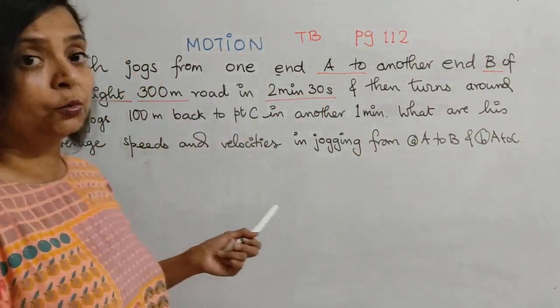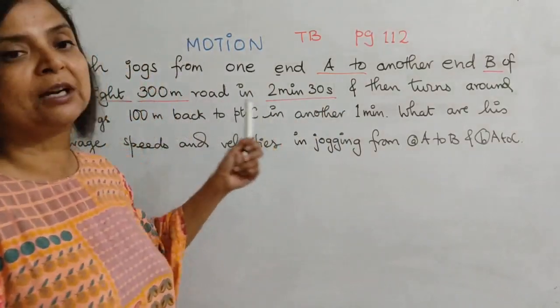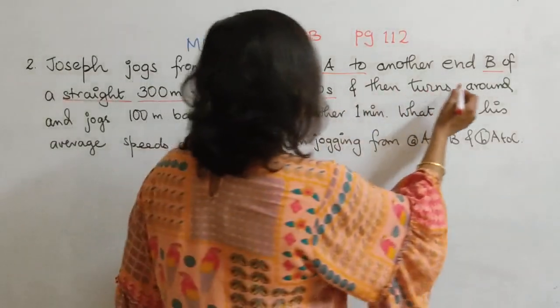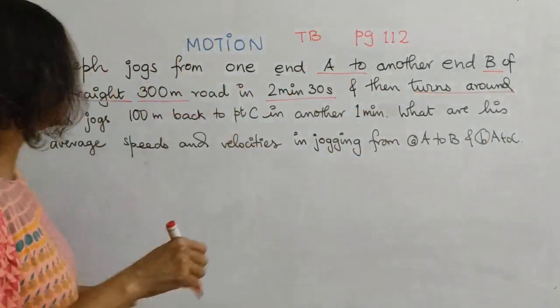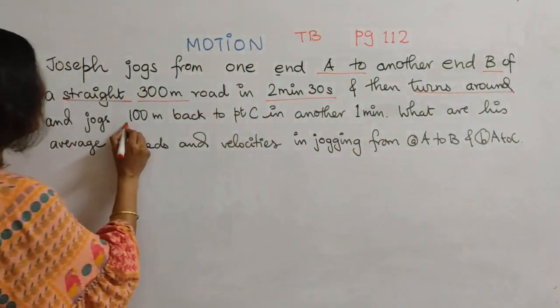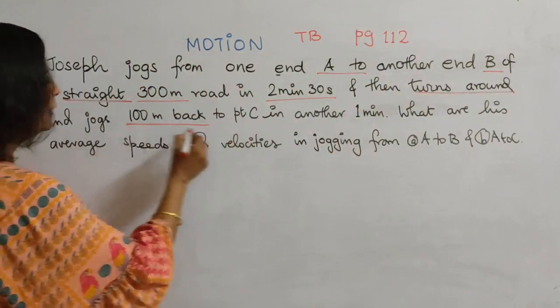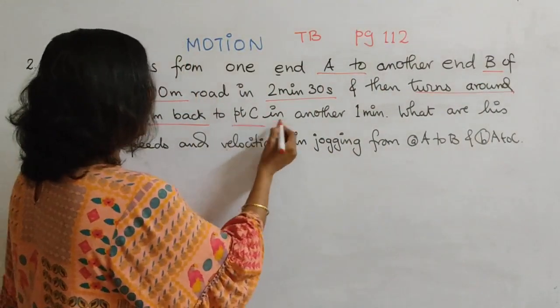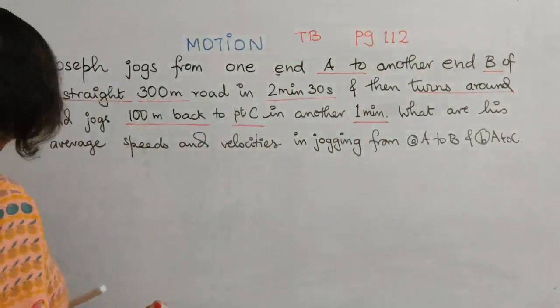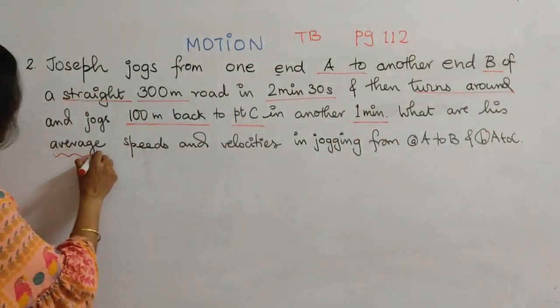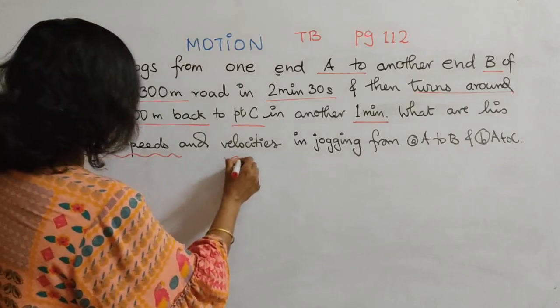So we have to realize that everything has to be converted into seconds. And then turns around. Turns around means a U-turn, reverse. And jogs 100 meters back to point C in another 1 minute. What are his average speeds and velocities?